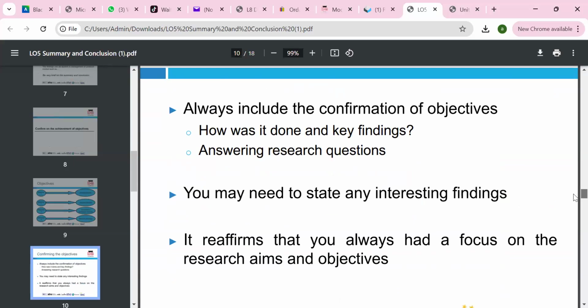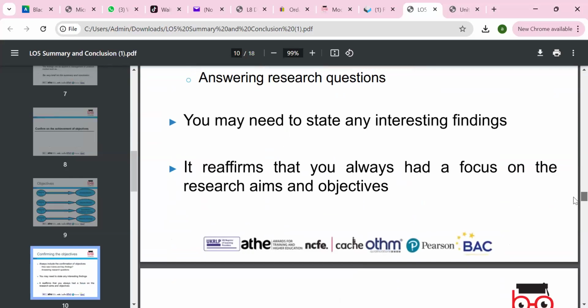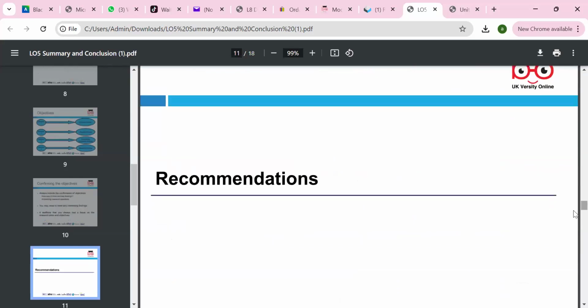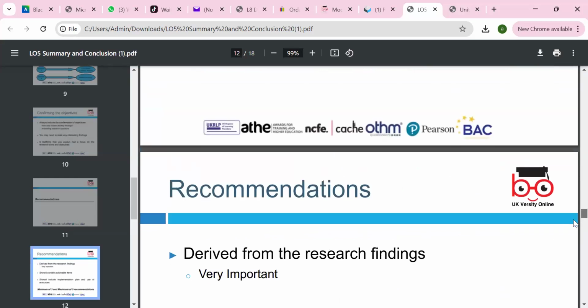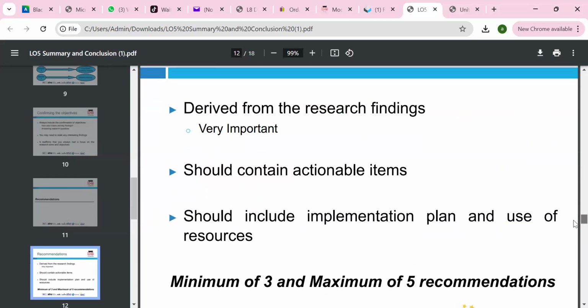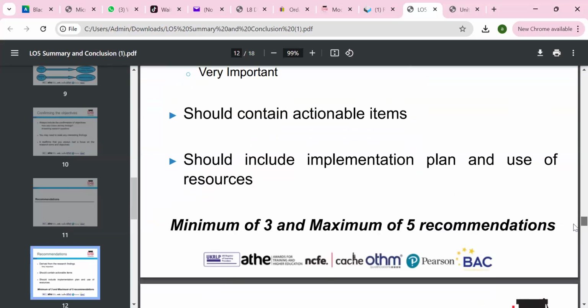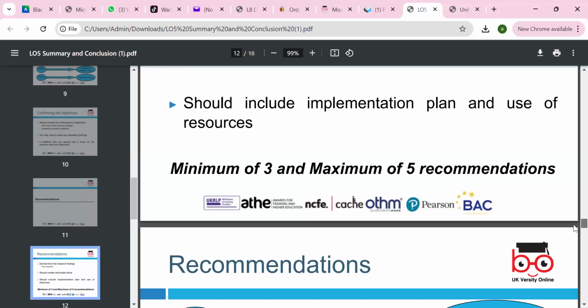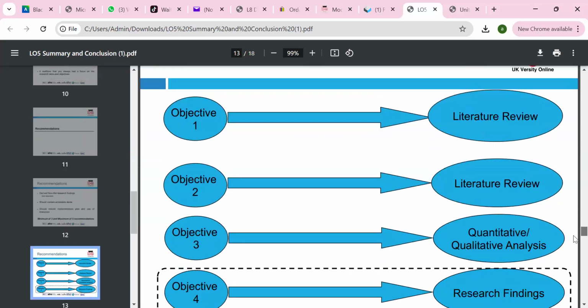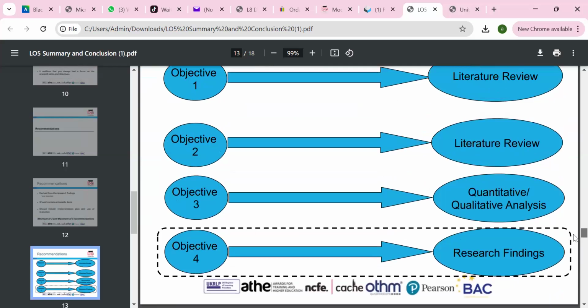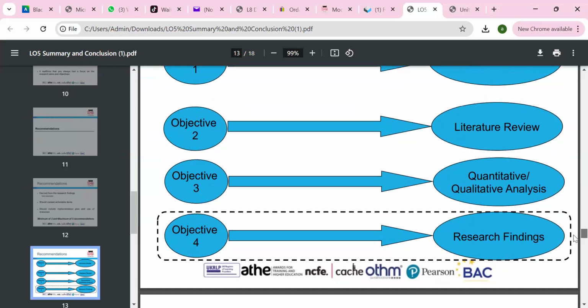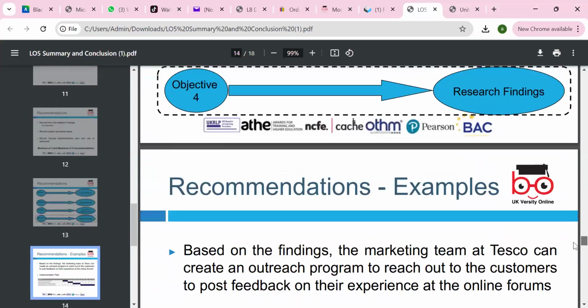You may also state any interesting findings, focusing on the research aims and objectives. Then the recommendations you draw should be based on your conclusion and derived from the research findings, which is very important. They should contain actionable items and include an implementation plan, with a maximum of 3 to 5 recommendations in light of the research objectives, literature, and qualitative and quantitative findings.